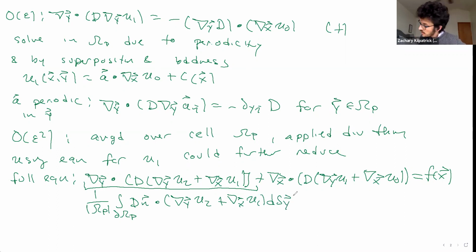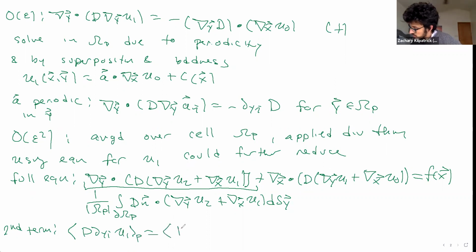And then for the second term, within it, we're going to have this average, which we can write as dy_i A dotted with gradient with respect to x u0, average over p.